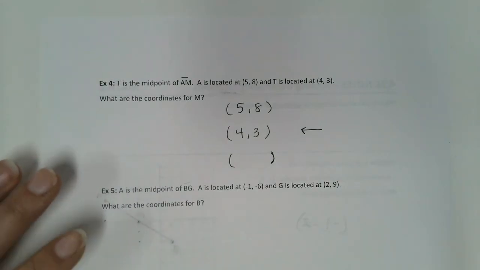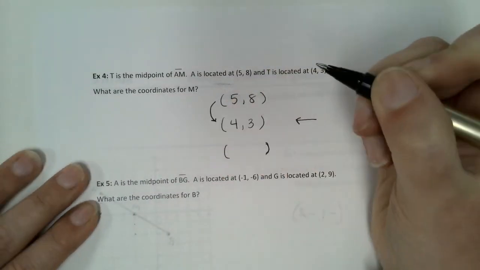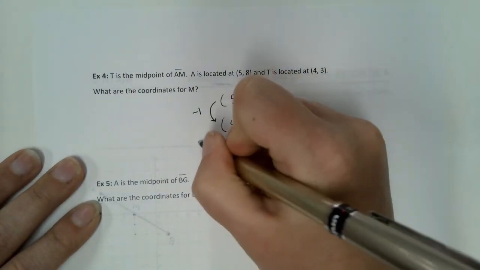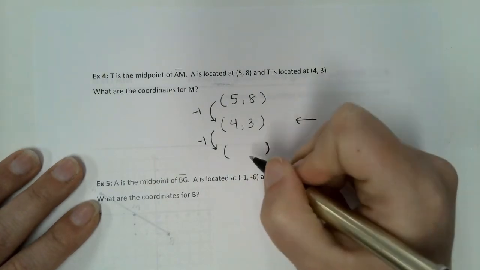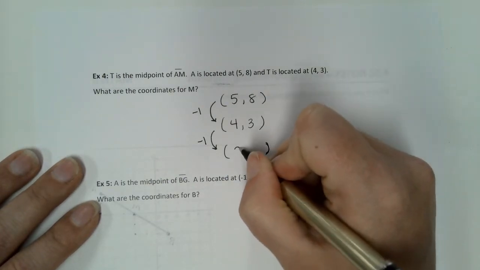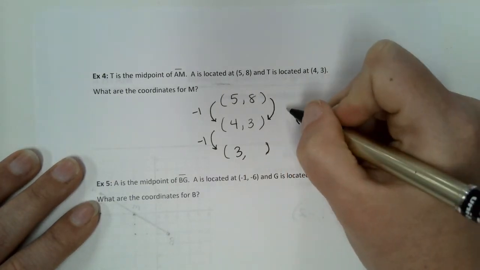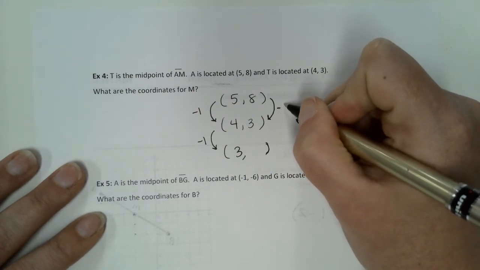And then find your patterns. This one's a pretty easy one to find. To get from 5 to 4, they obviously just subtracted 1. Continue that pattern. 4 minus 1 is 3. Over here, to get from 8 to 3, what did they do? Subtracted 7.